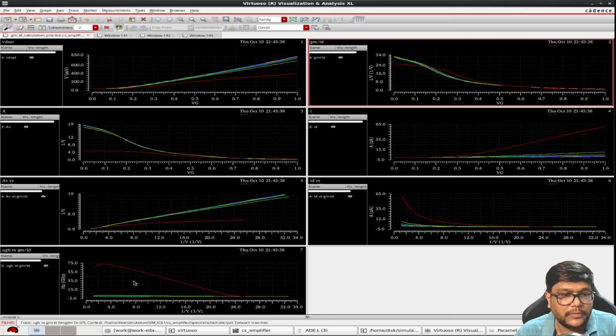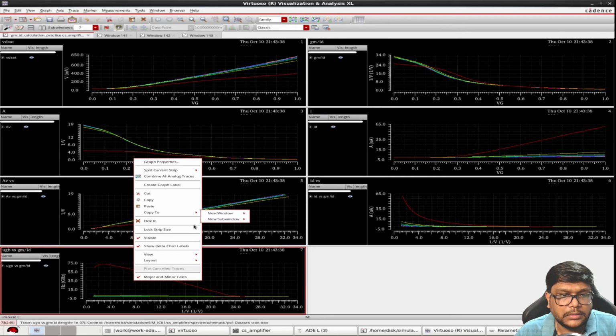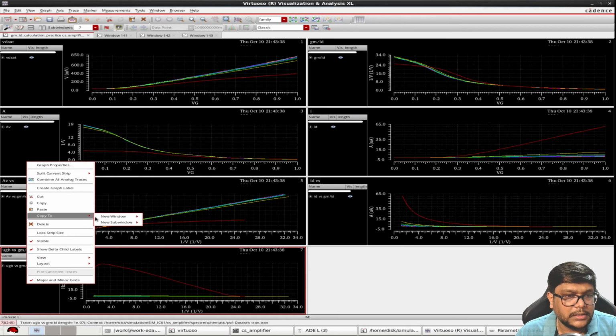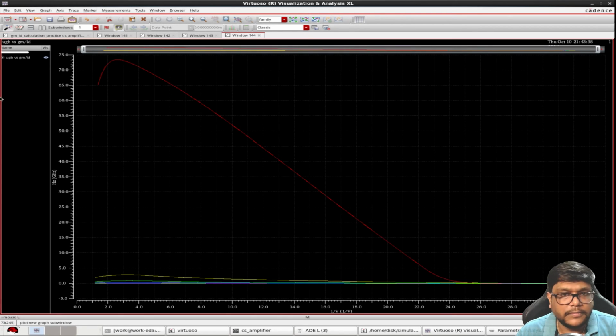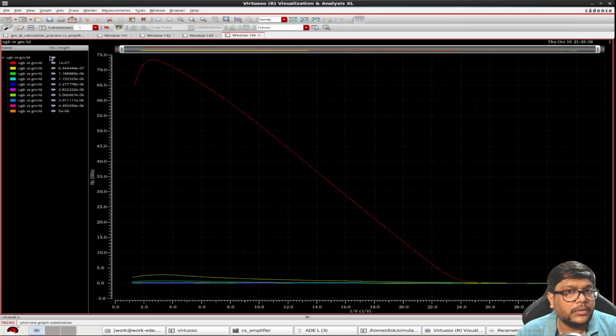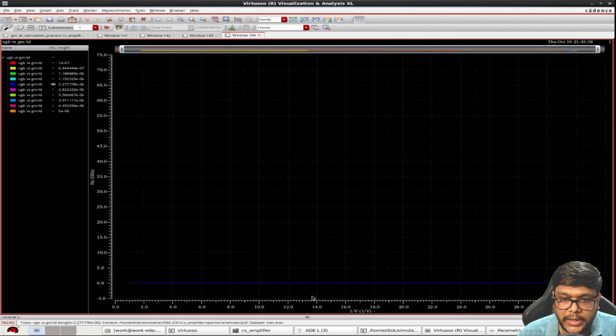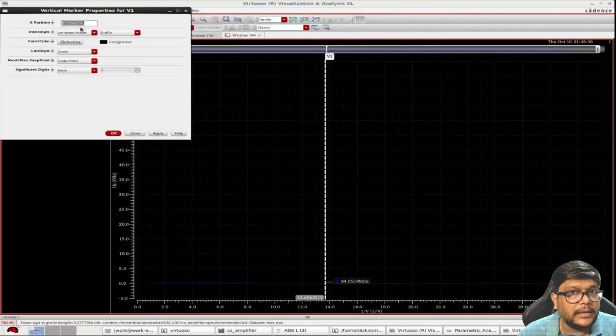For 2.2 length, what will be the FUG? We have to check the FUG. So UGB for 2.2, our GM by ID is around 18.